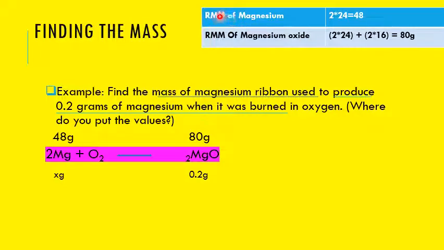So for the relative molecular mass of magnesium here, I have a 2 in the front, so I can't disregard it. I have to multiply that 2 by the mass of magnesium, which is 24. And overall, I got 48.